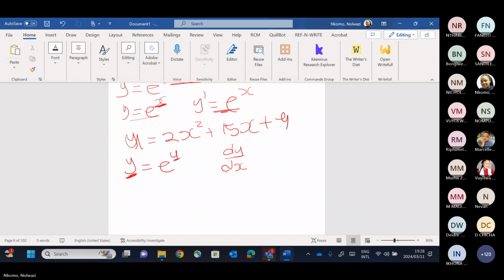So dy over dx would equal dy over du, because y is a function of u, but u is a function of another variable, which is x. So we'll have dy over du times du over dx, right? We can find this part by differentiating this function and this part by differentiating this function.